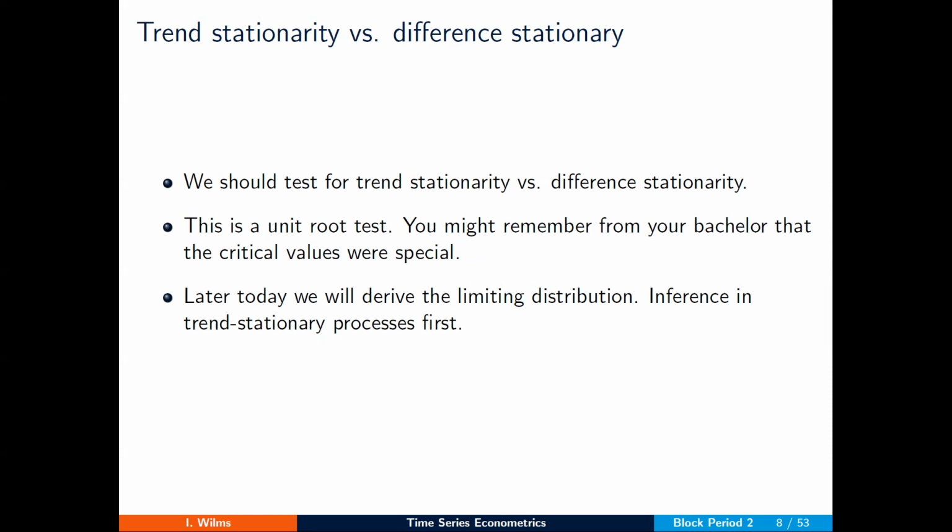Now, you might have seen unit root tests already during the bachelor, and then you can probably remember that the test had critical values that were special, different from the ones that you were used to. Now, during these lecture videos and also the ones from next week, we will derive the limiting distributions of these test statistics. And we will start with inference for trend stationary time series processes in the next video.